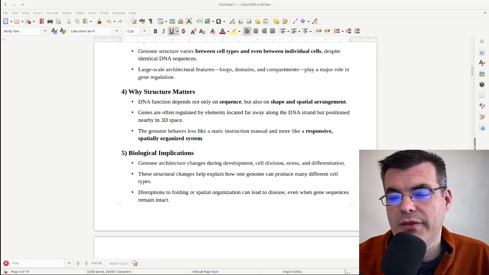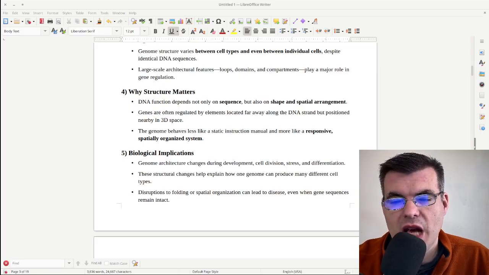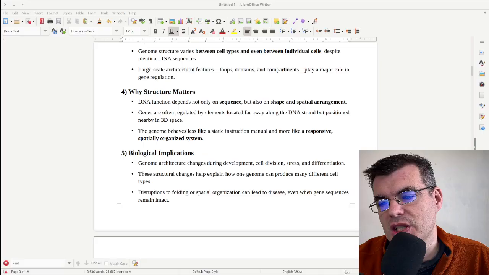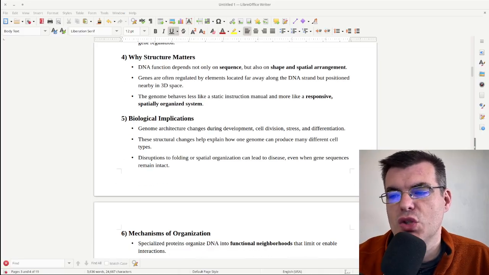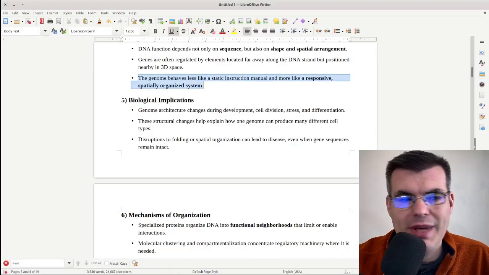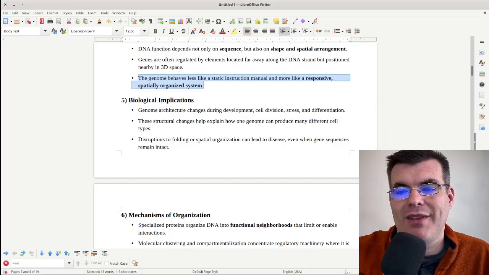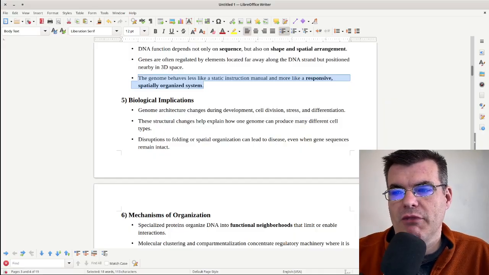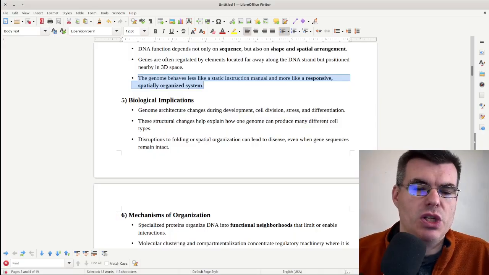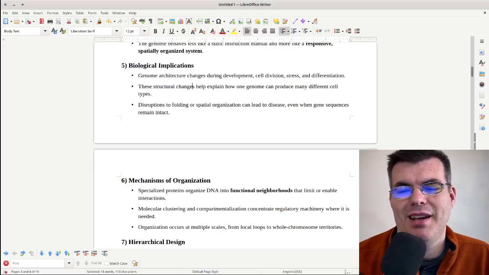Why structure matters. DNA function depends not only on sequence, but also on shape and spatial arrangement. Genes are often regulated by elements located far along the DNA strand but positioned nearby in 3D space. The genome behaves less like a static instruction manual and more like a responsive spatial organization system. There's a lot going on in the cell, and I think this has great implications, which we'll talk about a little later.